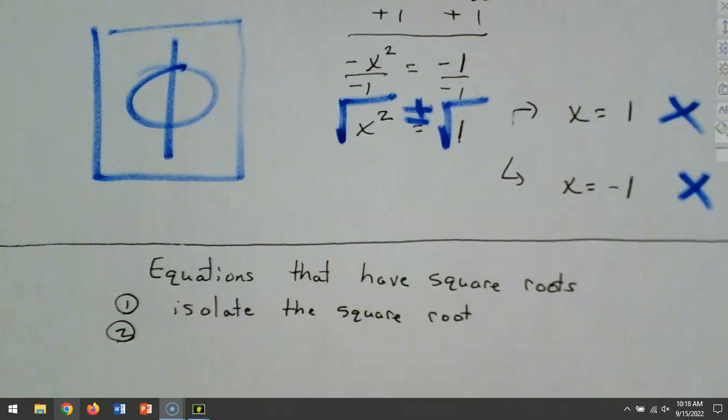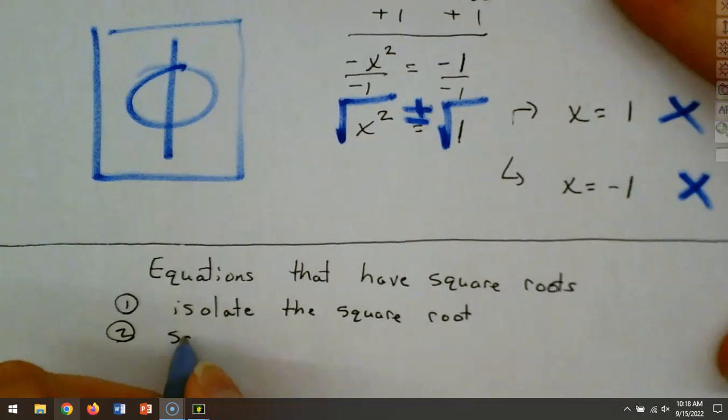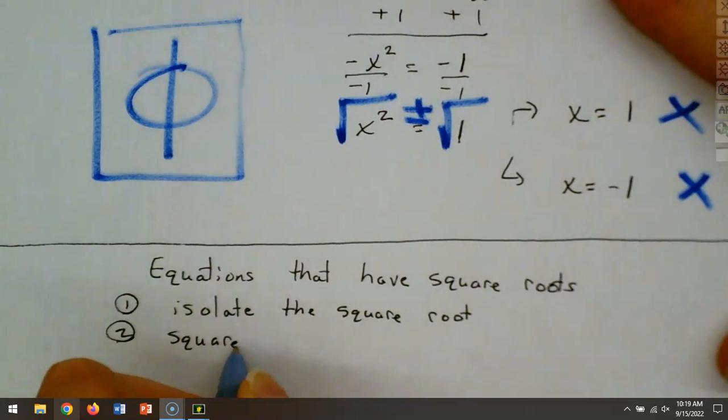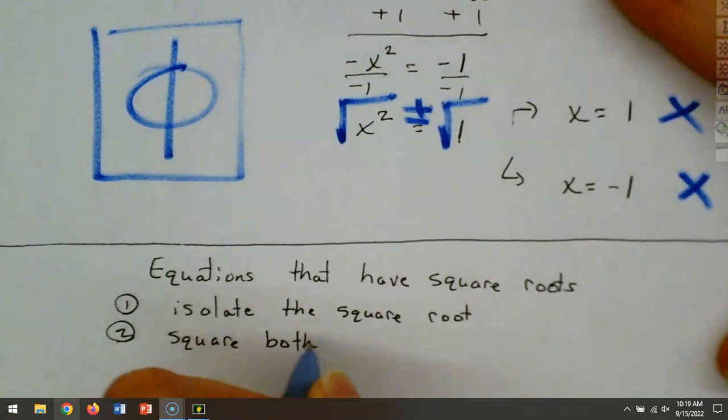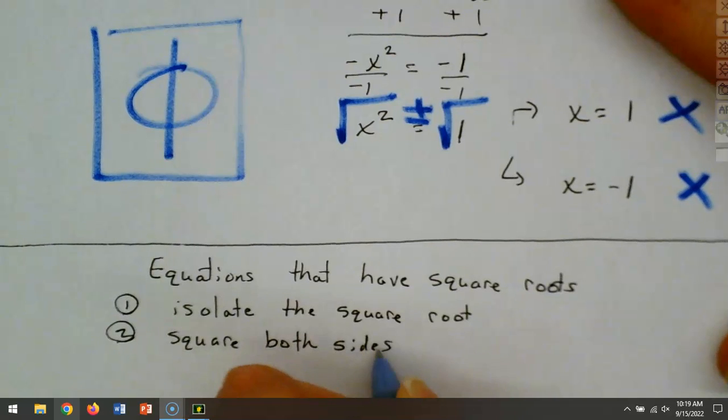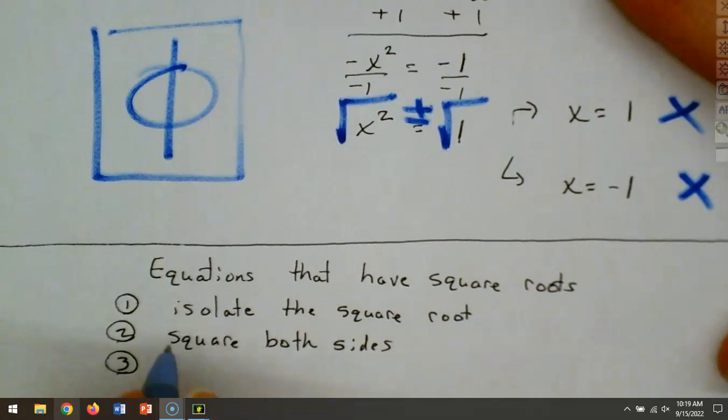They're opposites. So what's the opposite of a square root? The opposite of that would be square. So isolate that square root by itself if it's not already there, and then you're going to have to square both sides. Then you solve.